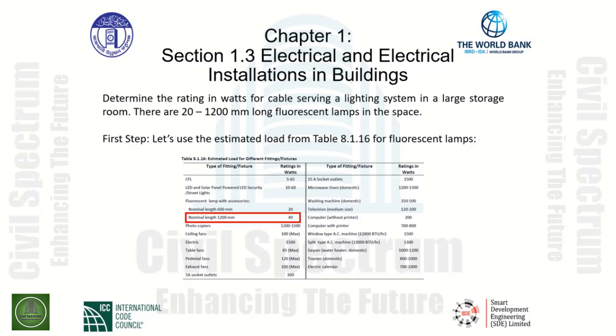Our first step is to use the estimated load from Table 8.1.16 for fluorescent lamps. In Table 8.1.16, we follow down to the nominal length of 1,200 millimeter fluorescent fixtures. We come up with a rating of 40 watts.